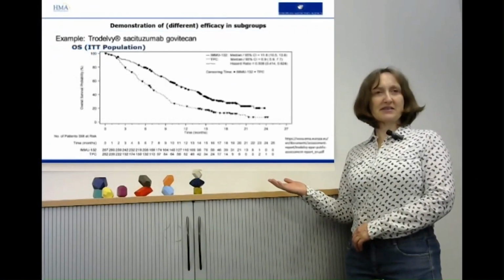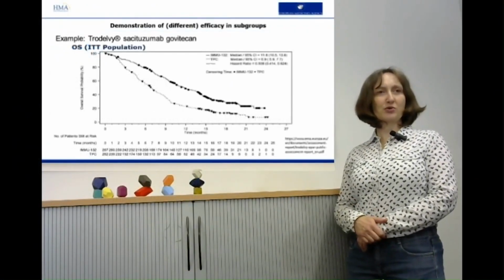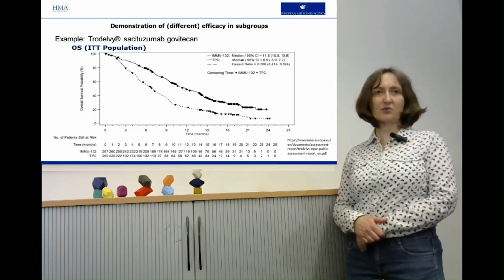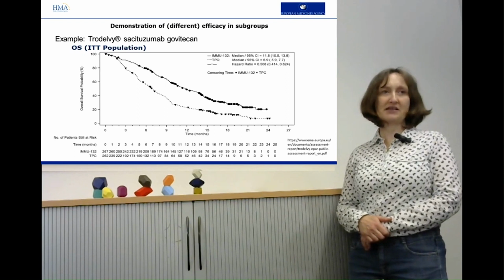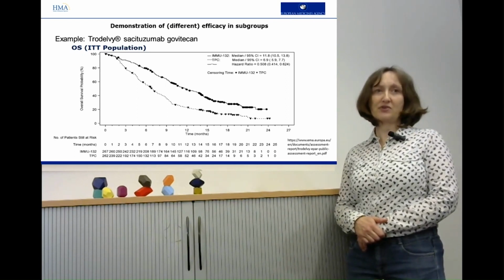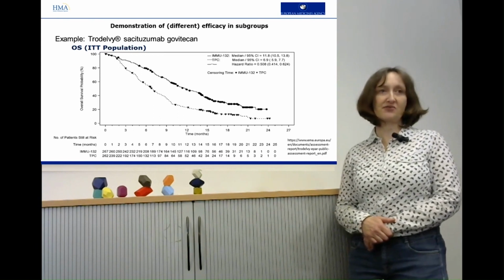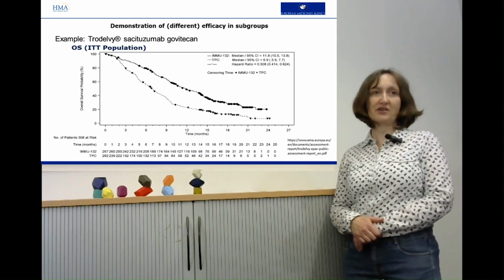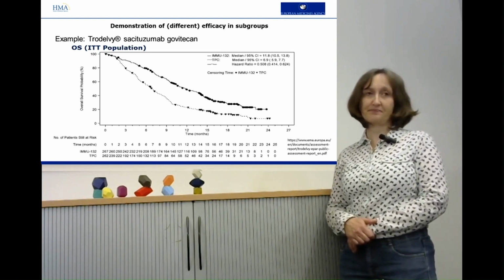Here we have a harmless example. For Trodelvy, the overall result was clearly positive. But as this medicine is a targeted therapy, targeting trophoblast cell surface antigen 2, TROP2, it seemed obvious to wonder if the expression of this pharmacological target in the tumor would make a difference for the efficacy of the medicine.